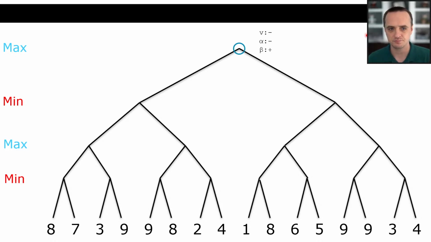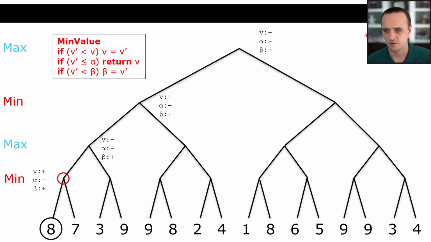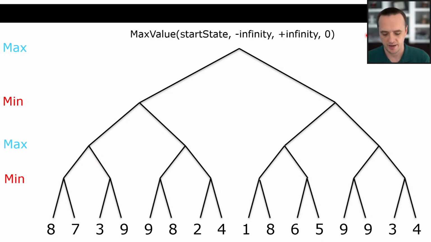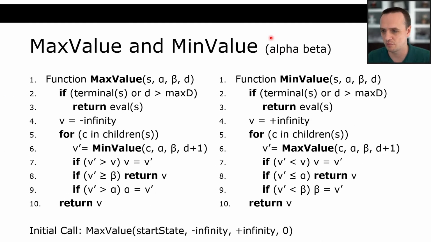Here is what's going to happen. The min value and max value algorithms are going to be called. So at the top of the tree, blue is max value, and the other color is min value. So I essentially keep going down until I get to a terminal node.